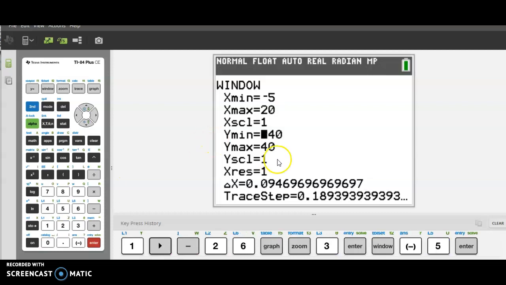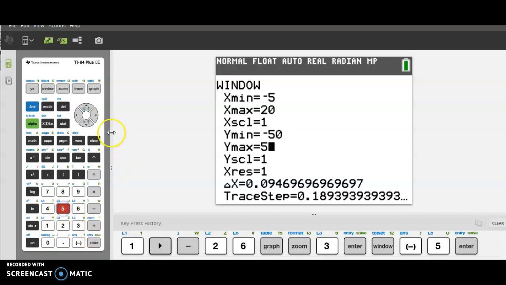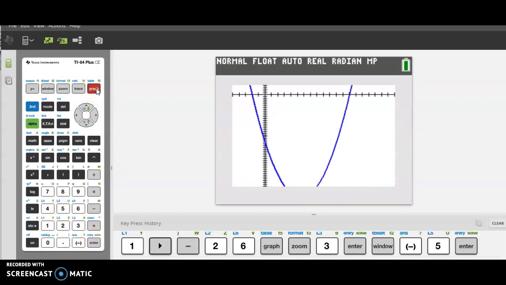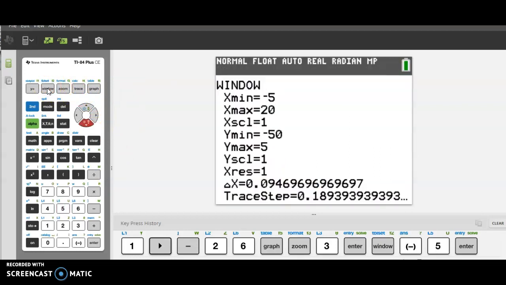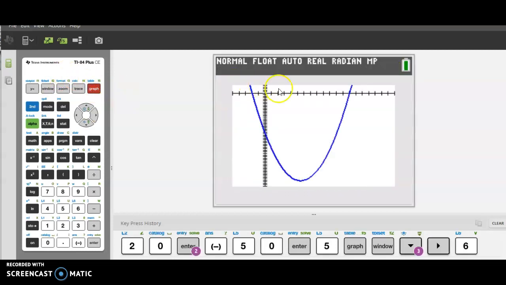Now, my y min didn't quite get down to everything, so maybe you go down to -50, but it looked like my y max was fine at 5. Oh, didn't quite get my y min, so I can change that again, -60 maybe. Go to my graph. And maybe now you can get a better feel of where everything's at.